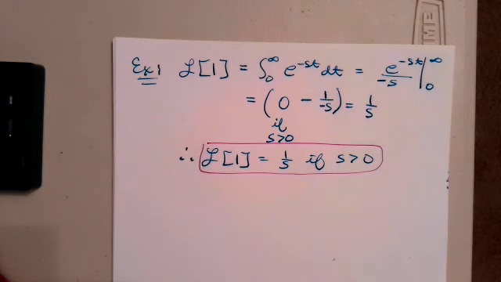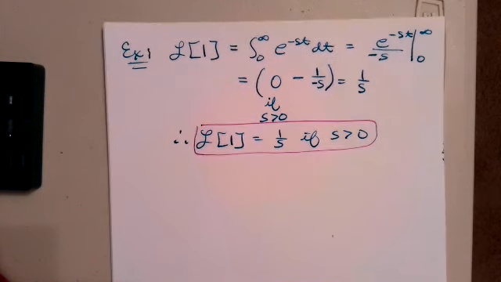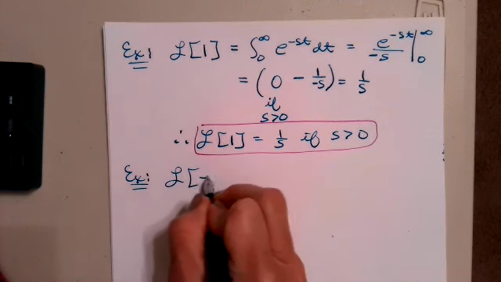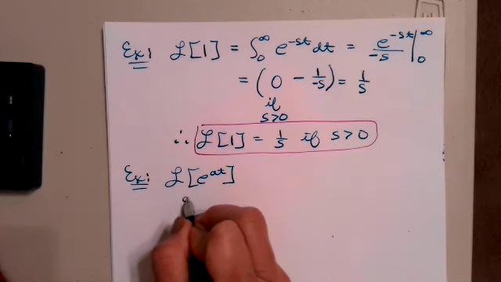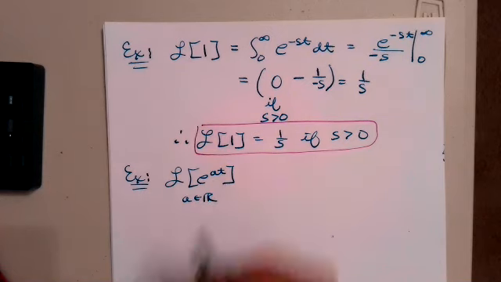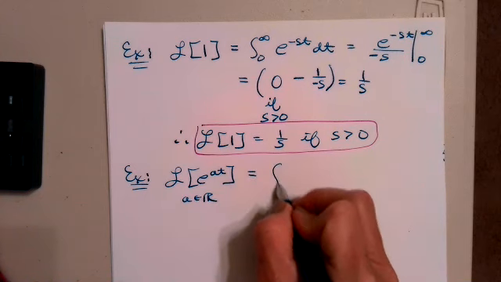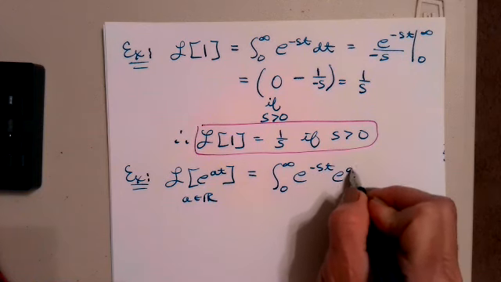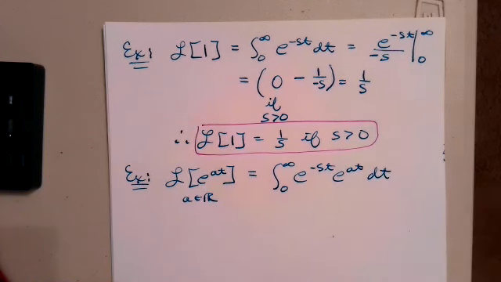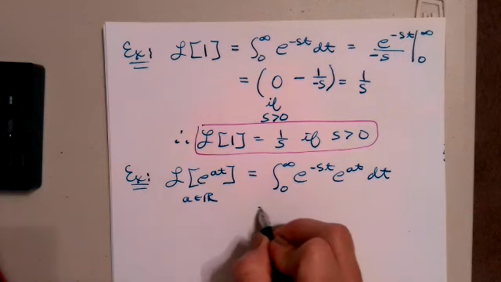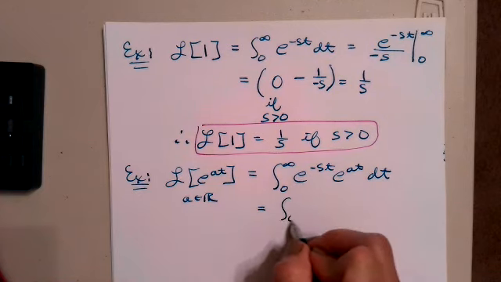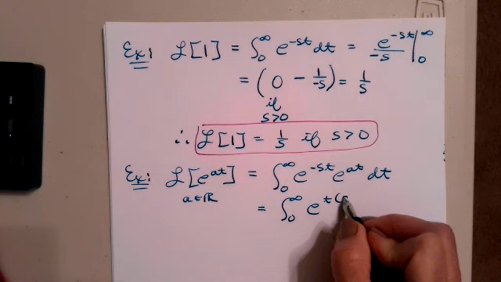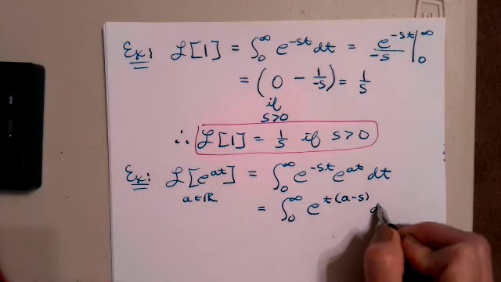Let's do another one that's pretty easy. Let's do the Laplace transform of e to the at for a constant a, a real number. So this will be, by definition, the integral from 0 to infinity of e to the minus st times e to the at dt. Okay. All right, so now when you go to integrate this, you write that as e to the t times a minus s dt.